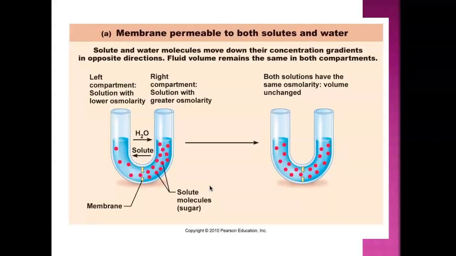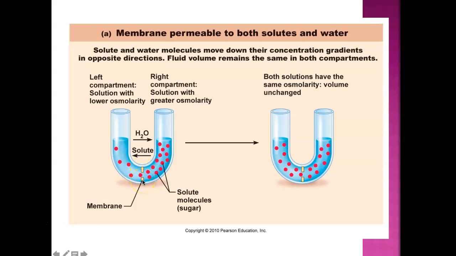So how does osmosis actually happen? You've got these complicated pictures that are always shown. Anytime you talk about osmosis, you're going to see this picture. It's called a U-tube. Not the channel, but a tube that's shaped like a U. What they'll do is put a semi-permeable membrane in the middle here.